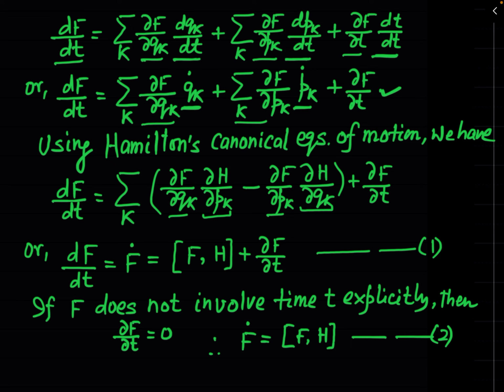Now see this first term in the RHS of this equation. You have studied the Poisson bracket, and from the definition of the Poisson bracket, you can easily say that this first term, summation over k of del f by del qk times del h by del pk minus del f by del pk times del h by del qk, is simply the Poisson bracket of the variables f and h.